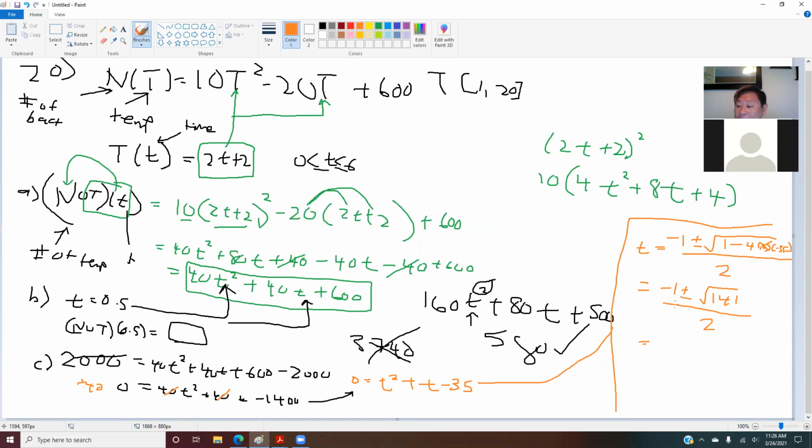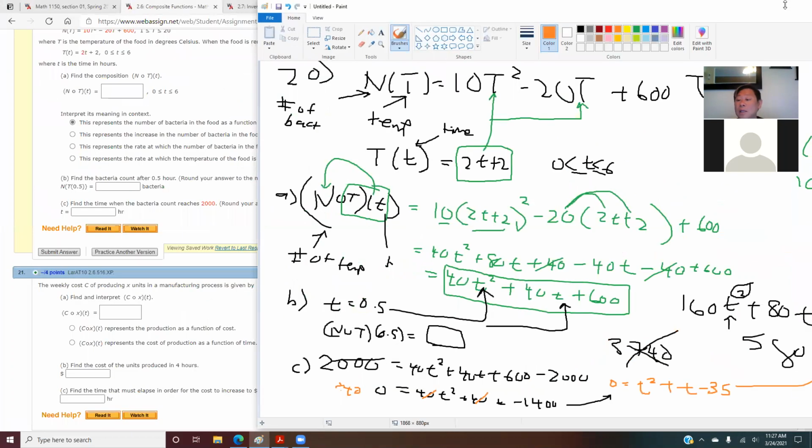So when you do the plus sign, you will get 5.437. This is for the plus sign. And then you do the same thing for the minus sign. So you get negative 1 minus square root of 141, and then divide by 2. That will give me negative 6.437.